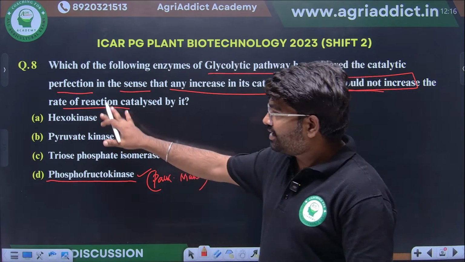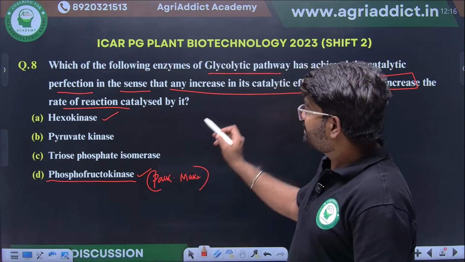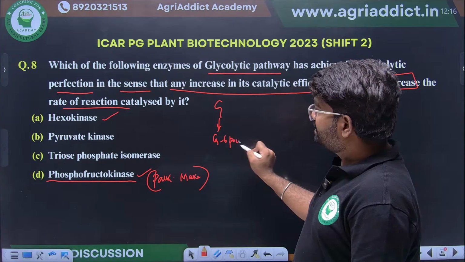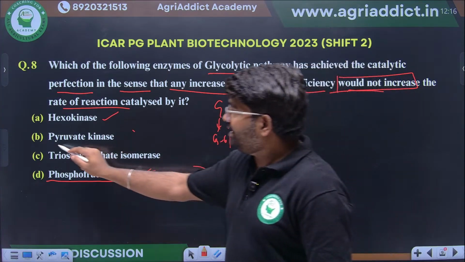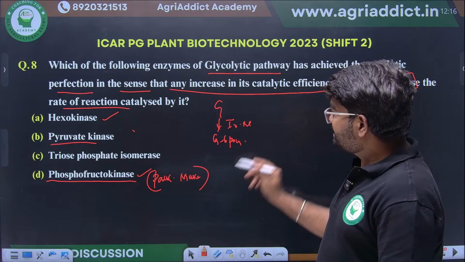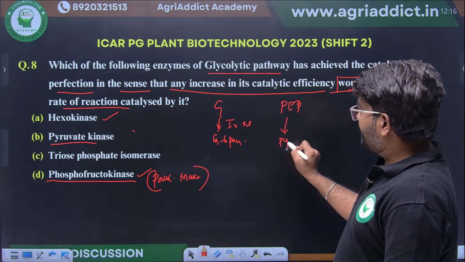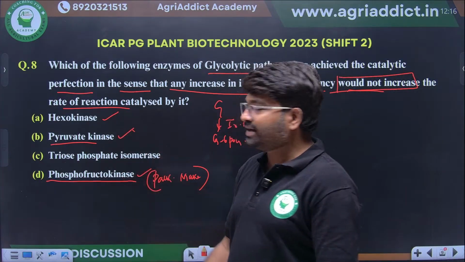Other regulatory enzyme is what? Hexokinase. First reaction, glucose will be converted into glucose 6 phosphate. This is also an irreversible reaction. Pyruvate kinase, the last step for converting phosphoenol pyruvate to pyruvate. This is also an irreversible reaction. So this is also one of the regulatory enzymes.